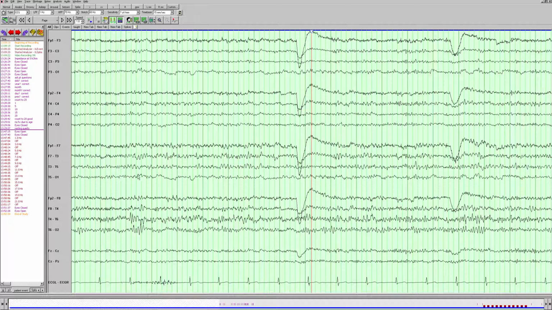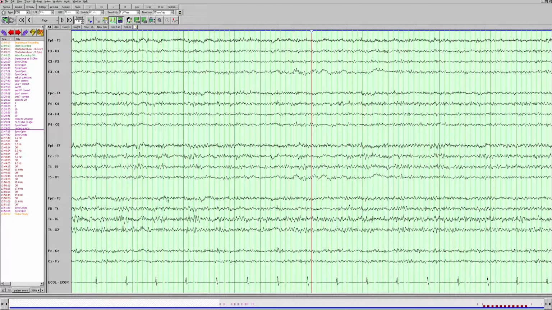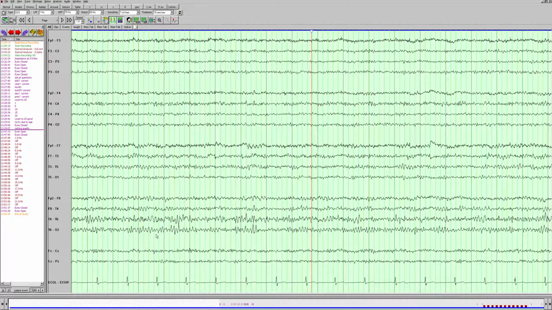There's a difference in the background amplitudes from the left to the right. Now on the right side, we know that we can see higher amplitudes in most people, but look at the difference here. This is more than a 50% difference.